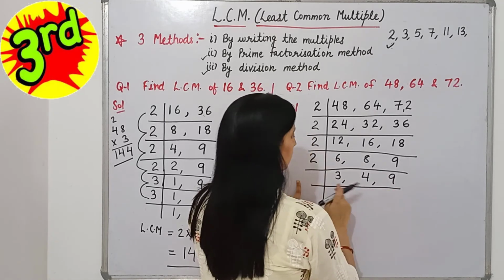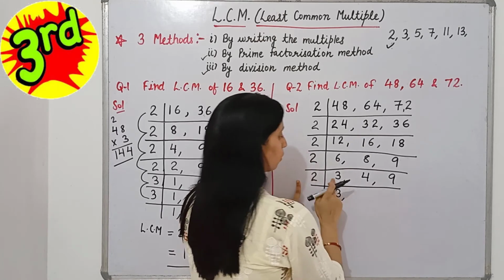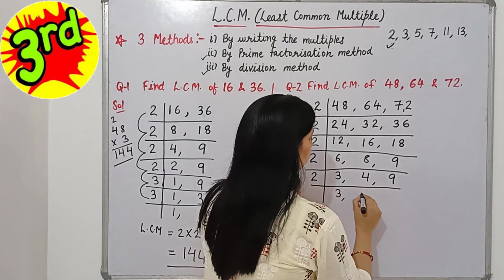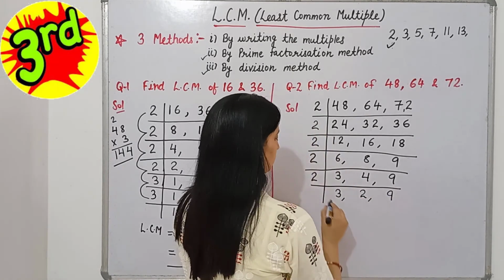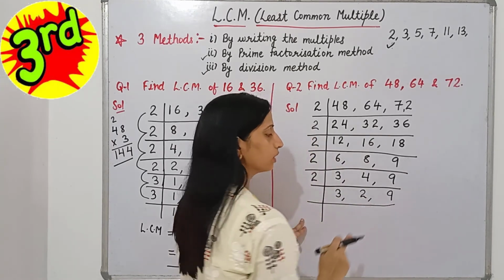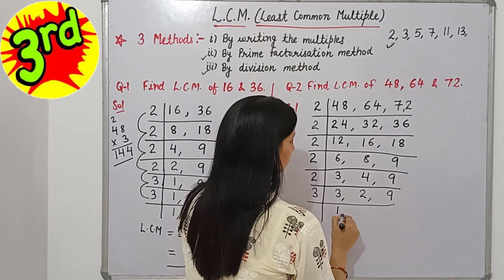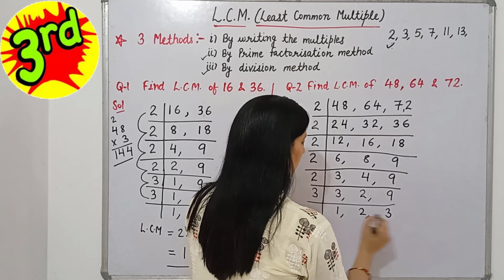Now we can again divide by 2. 3 we will write as it is now, because 3 is not divisible by 2, and here we will divide it. 2 2s are 4 and 9 we will write as it is. Now 3 and 9 both are divisible by 3, so we can divide by 3. 3 1s are 3, 2 we will write as it is, and 3 3s are 9.